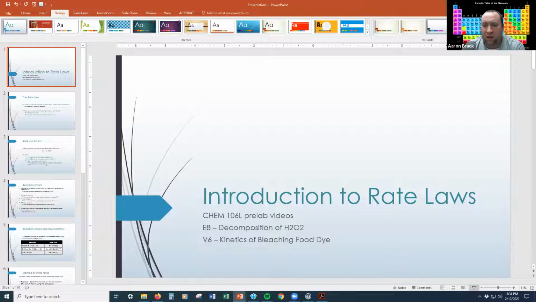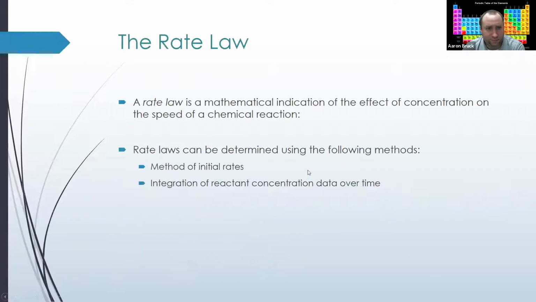So here we go. In general, a rate law is a mathematical indication of the effect that a concentration of one of your reacting species has on the speed of the chemical reaction itself. So when we investigate kinetics, kinetics looks at the rate at which one reactant disappears or another product appears.